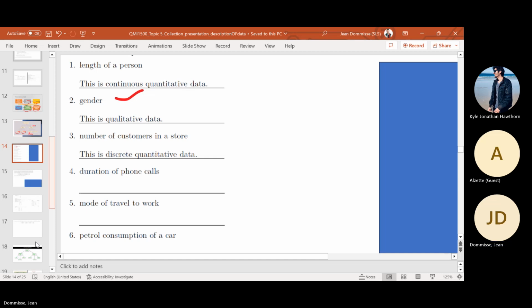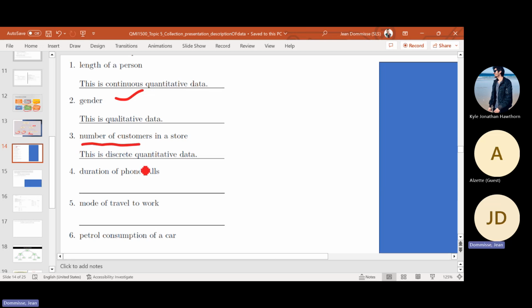Gender, it's qualitative. How many genders? We're not even going into there. But it is qualitative. There's no ranking in gender. You can be one of the genders, but it is qualitative.